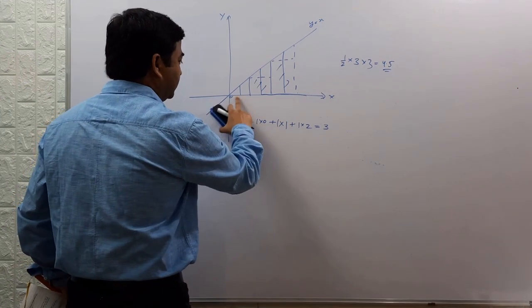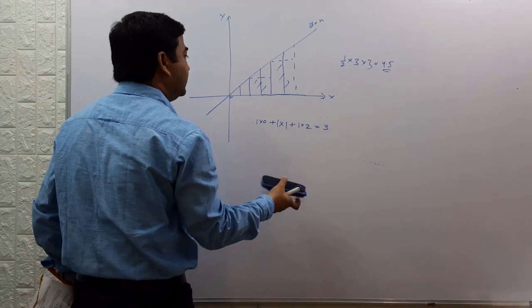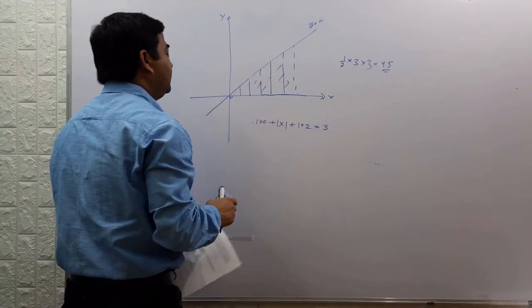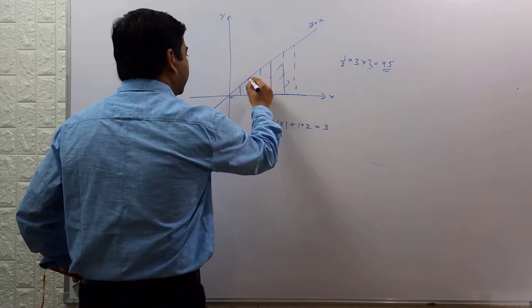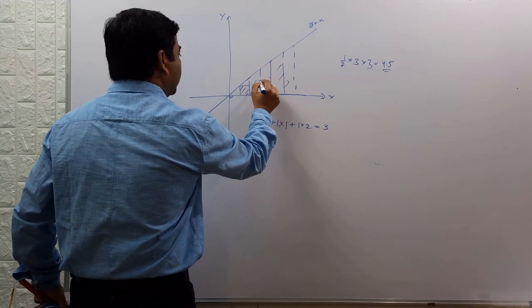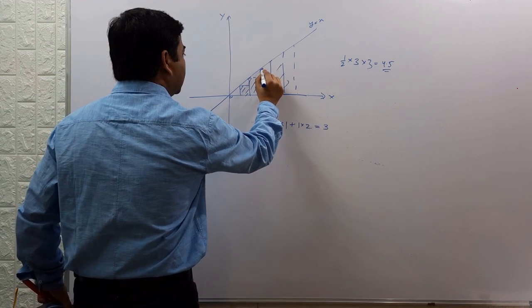Earlier we divided into width of 1. Now we will divide it into width of 0.5 and calculate the area of the triangle. So in this case, more triangles will be formed.